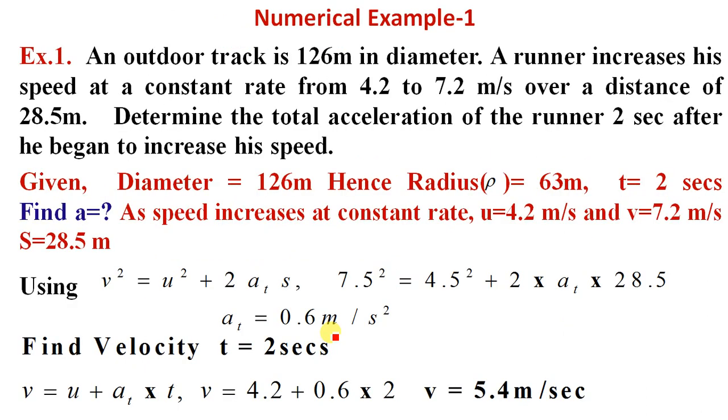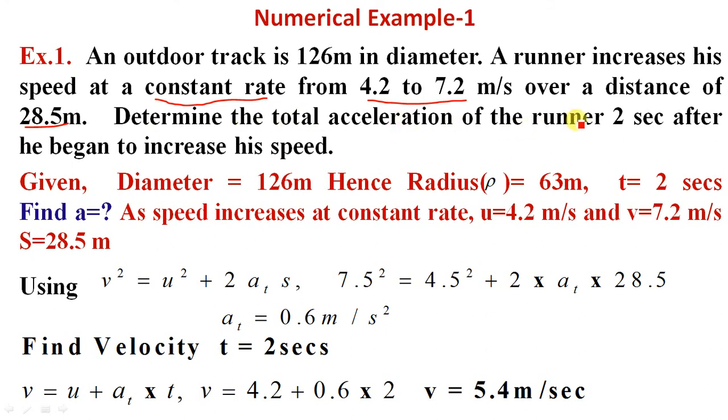Let's begin with a simple numerical. An outdoor track is 126 meter in diameter. The diameter is given for that track. A runner increases his speed at a constant rate. Please remember this phrase, constant rate, from 4.2 to 7.2 meter per second over a distance of 28.5 meter. So to achieve this speed, 4.2 to 7.2, a distance of 28.5 meter is required.